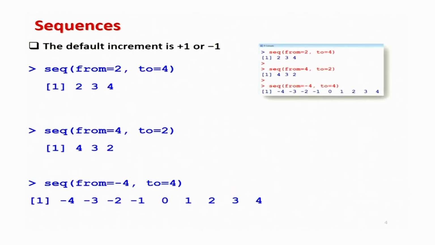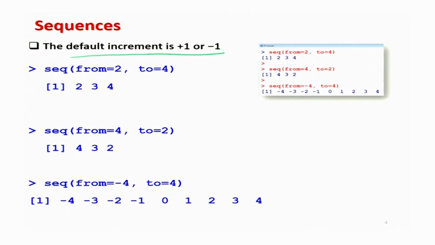But now let me take some examples, and through those examples I will show you how the outcome in a sequence can be controlled depending on your wish, depending on your requirement. One point you have to keep in mind is that the default increment in the sequence is +1 or -1, 1 unit, either positive or negative.